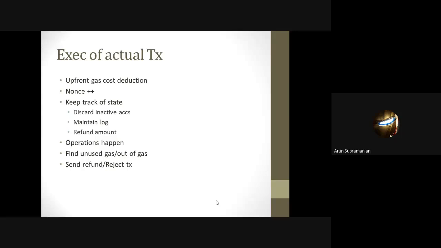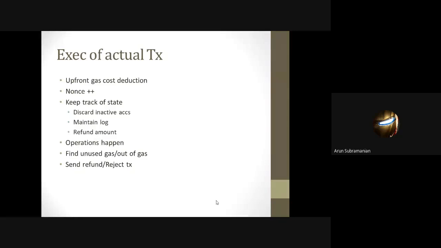It also keeps track of the states. Let's say post doing this transaction, I need to destroy my contract. Or if you set some rules, those rules have to be set in the process. You should also maintain the log.